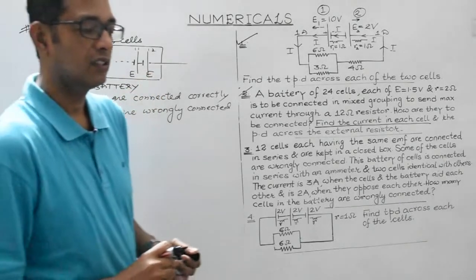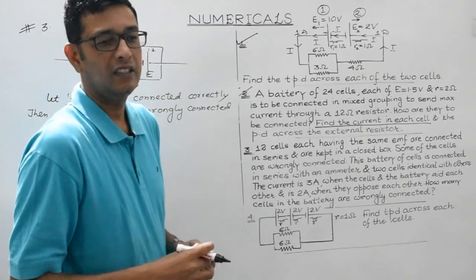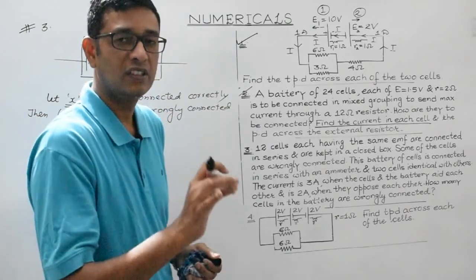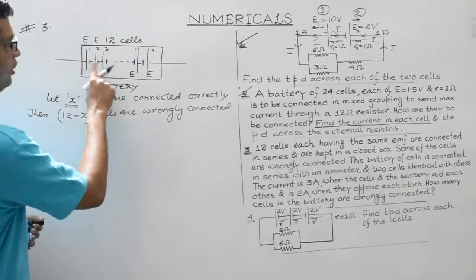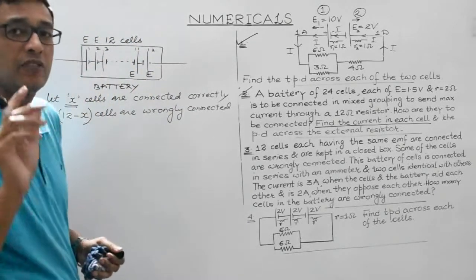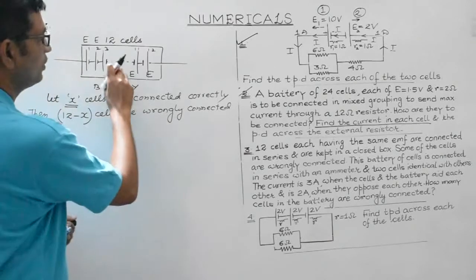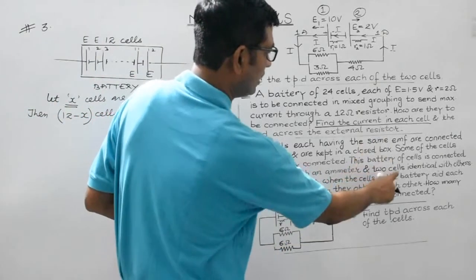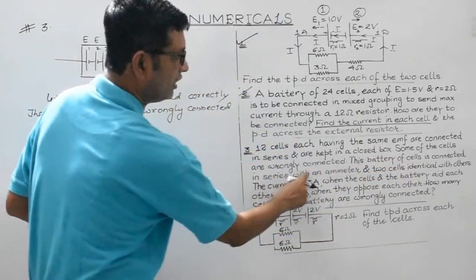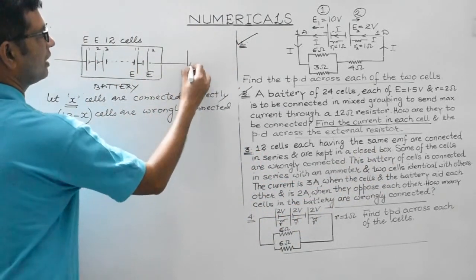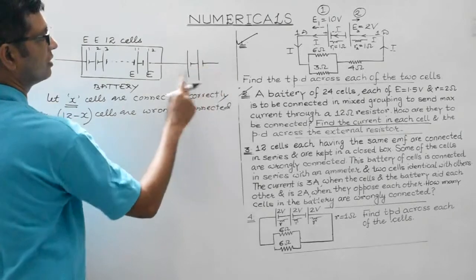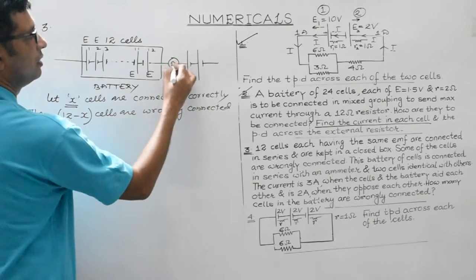So we are supposed to assume that the internal resistance offered by each of the cells is negligible, so it can be avoided. So consider each of these cells to have EMF of capital E. Now when the battery is connected in series with an ammeter and two cells identical with each other. Okay, these are connected with two other cells in series along with an ammeter. Right?